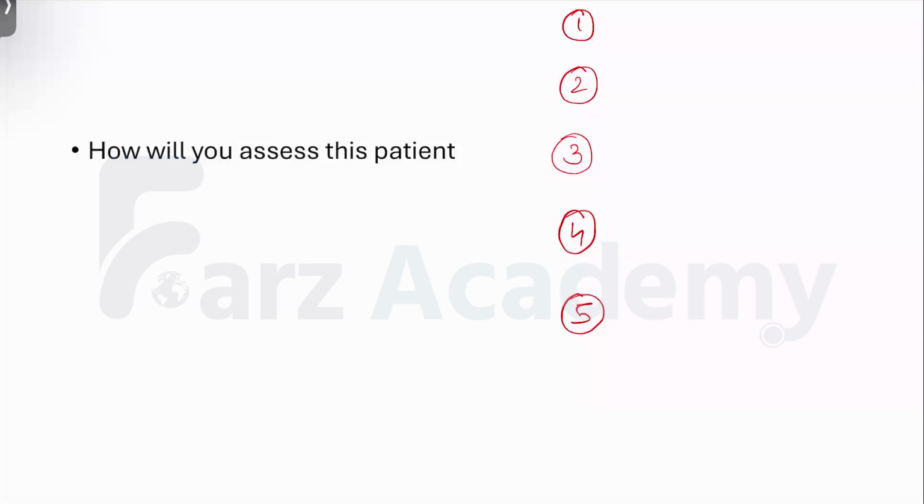And then for circulation, we may need to give some fluids if there is hypotension, at least ab initio, and so on. Bleeding spots will need to be secured immediately, maybe with pressure dressings. So this is how I will approach this patient in the course of the primary survey.